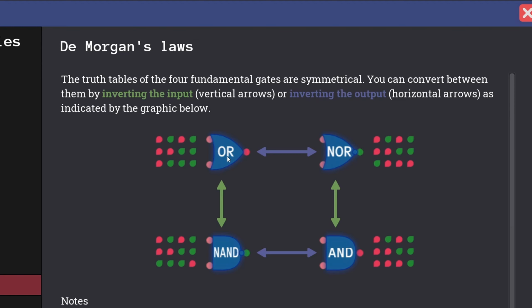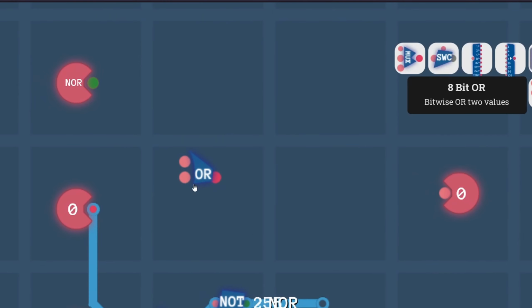So if you were to take an OR gate and invert the output and also invert the input, that would be the same thing as doing an AND. Or in our case, because we need to get both a NAND and an AND, we'll invert the inputs to get the NAND, and then we'll invert the output of that to get the AND equivalent.